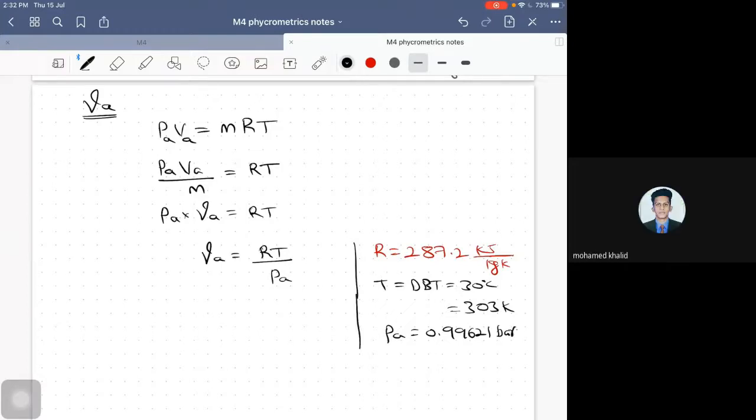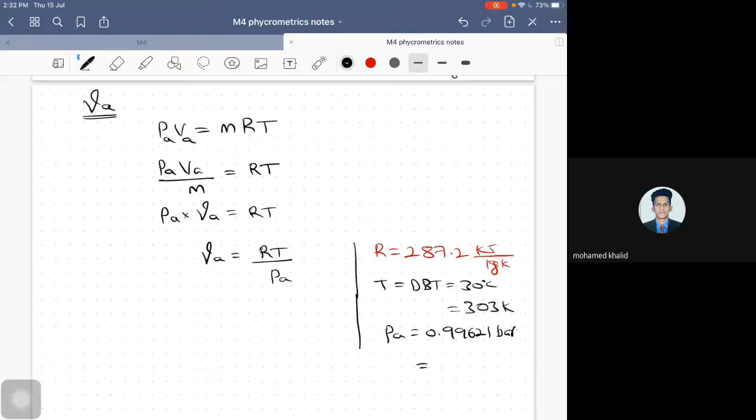Sir, R is given, sir. No, R will not be given. You have to remember the value, and that is the intention I have written in red color.